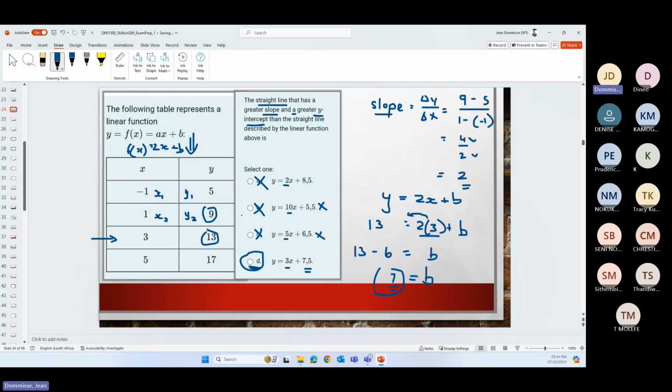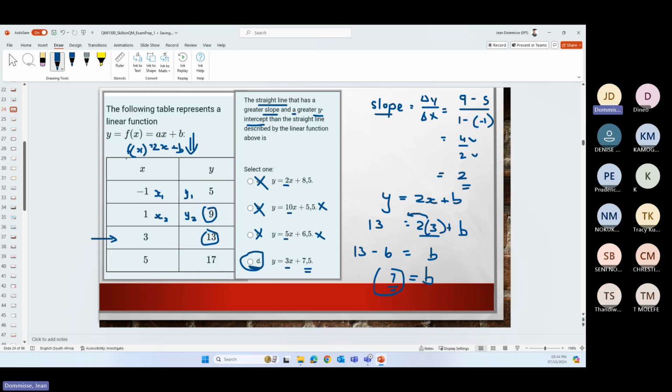Okay, so this was from last semester, one of the assignments. So a bit different how they asked it. So they could still have asked the traditional question of saying you've got 2 points and you need to work out the linear equation.